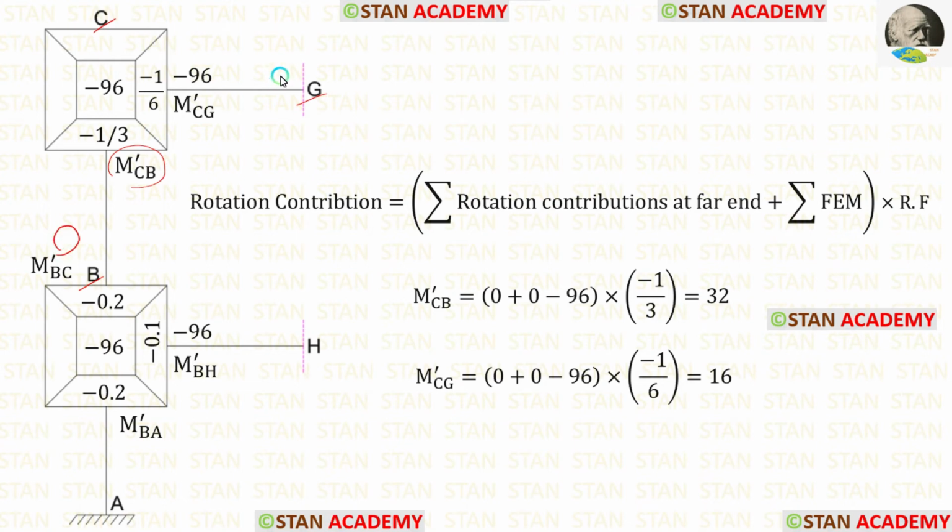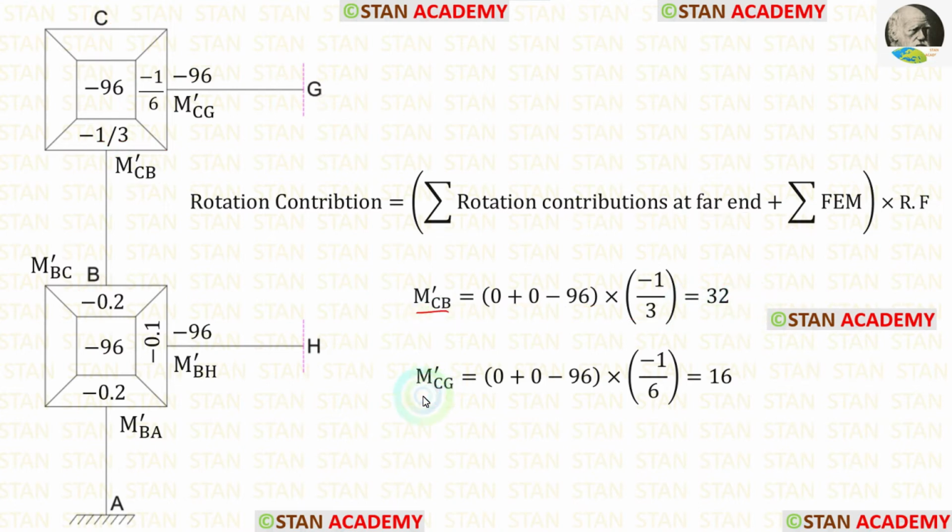In the point G, the rotation contribution will always be 0. So, for the summation of rotation contributions at far end, we have 0 plus 0. The summation of fixed end moments is minus 96. The rotation factor for CB is minus 1 upon 3. Finally, for M'(CB), we are getting 32.